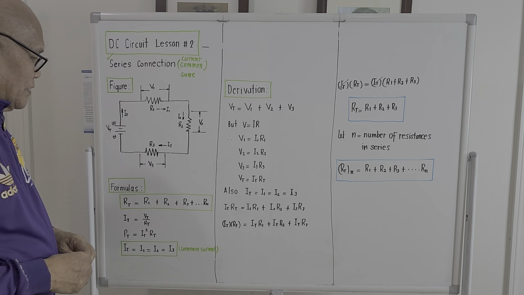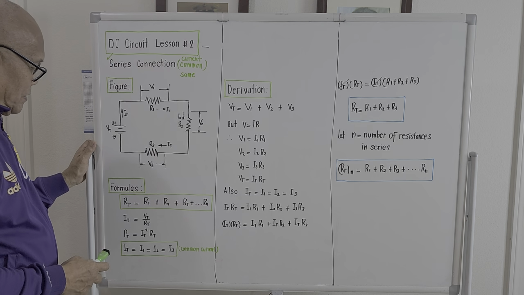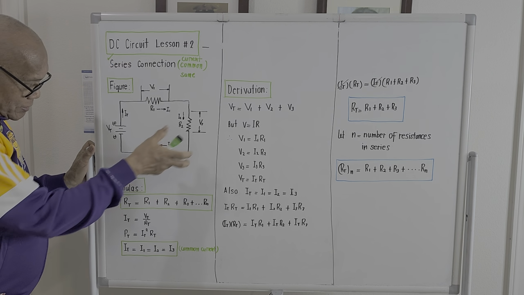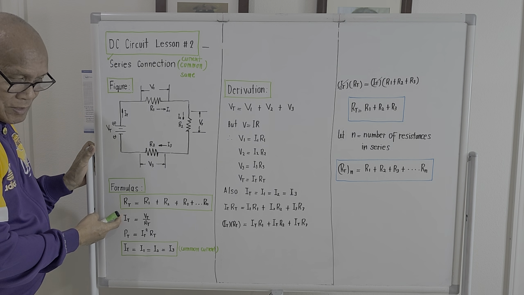The first equation for a series connection will be this one. Capital letter R with the subscript T, meaning the total resistance of the entire circuit, is designated by RT.